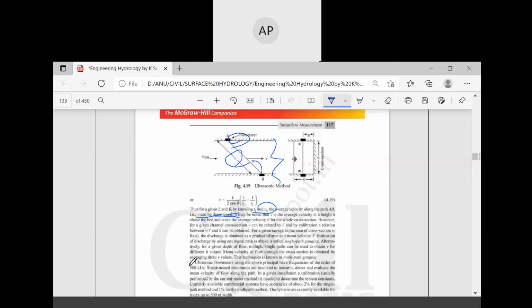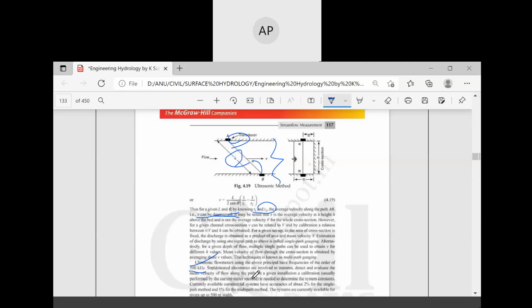Ultrasonic flow meters using the above principle have frequencies on the order of 50 kilohertz. Sophisticated electronics are involved to transmit, detect, and evaluate the mean velocity of flow along the path.